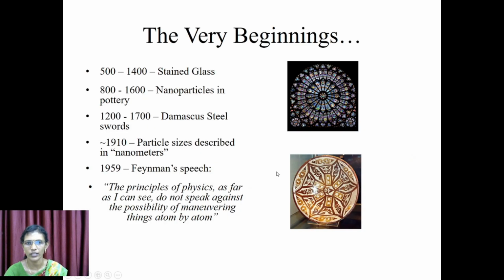What is the history? In the beginning, without our knowledge, our ancestors used nanomaterials: from 500 to 1400 in stained glass, from 800 to 1600 in pottery, and from 1200 to 1700 in Damascus steel swords. In 1910, the particles were described and known as nanometers.